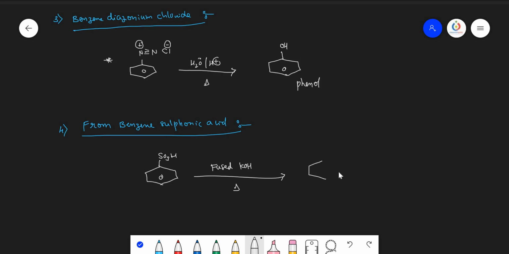So here also we get the phenol. Sulfonic acid, when you add fused KOH, not only KOH, even if you add water also, that's enough. Sulfonic acid can easily be converted to the phenol.